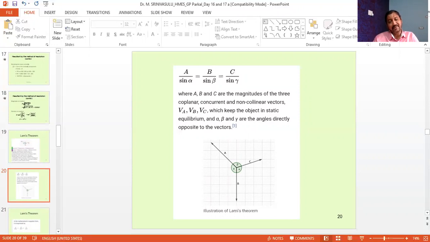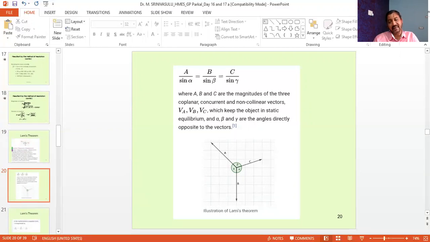That means whenever a force is considered, then the sine of the angle between the other two forces must be considered. And according to Lami's theorem, A by sin alpha is equal to B by sin beta is equal to C by sin gamma. So this is a very important equation, generally called Lami's theorem. This theorem is applicable when three forces are acting on a body and are in equilibrium condition.